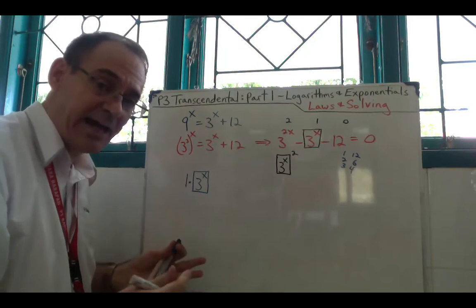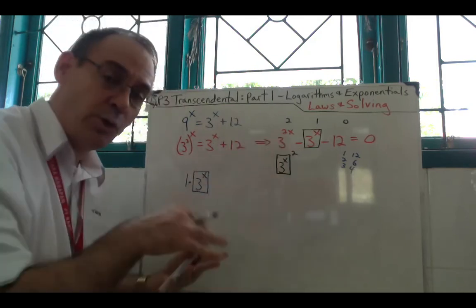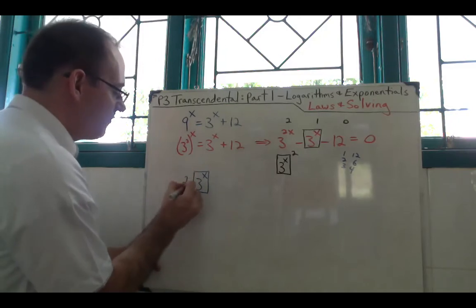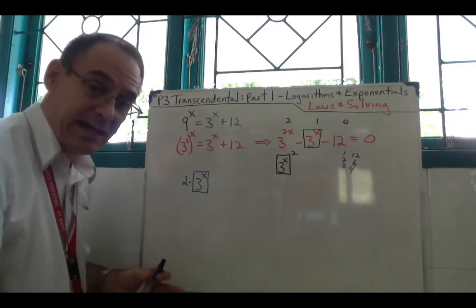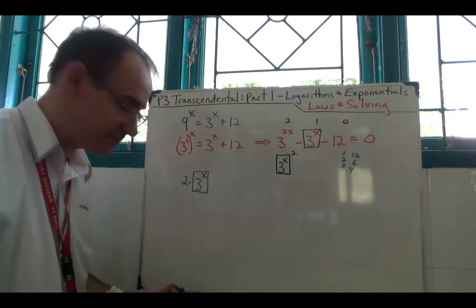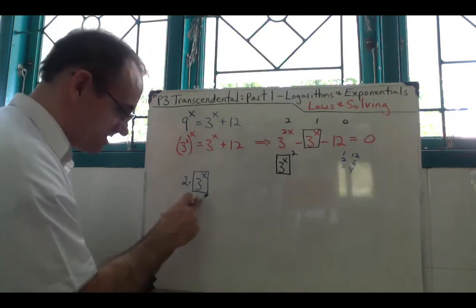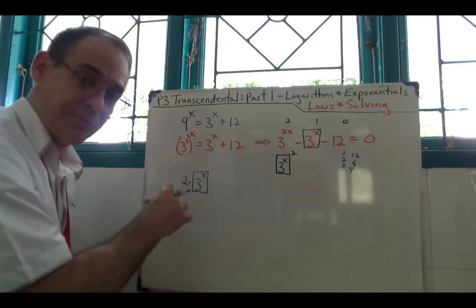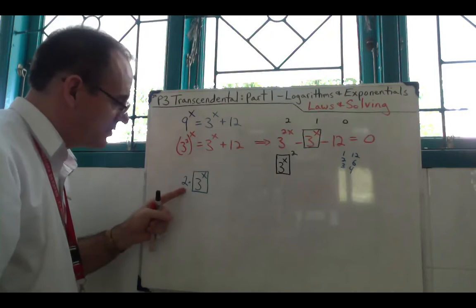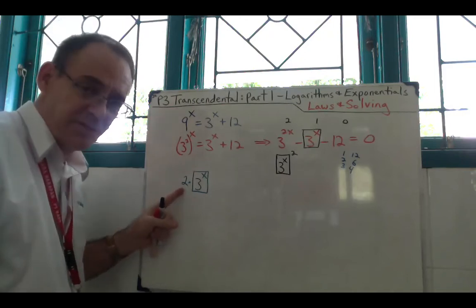So you can have exponentials with coefficients in the front. You can have 1, you can have 2, you can have 5. It tells you how many of these units that you have. You have 2 units of 3 to the x, or 5 units of 3 to the x. So if you have a coefficient, it's multiplied out to the front.